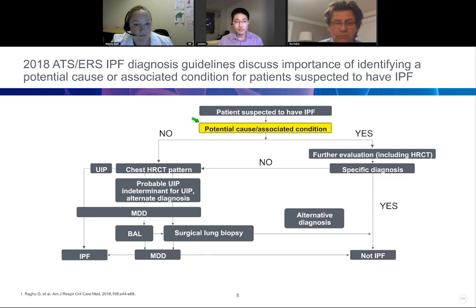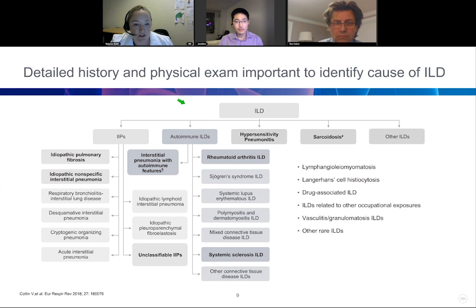When I think about that, I try to think about what are the different types of interstitial lung disease. And certainly we think that there's at least 150 different types of lung diseases, and it can get tricky to try to sort those all out. So I like to think about them in three main categories with a little bit of extras. The first one are the IIPs, and certainly idiopathic pulmonary fibrosis is the most common of the IIPs.